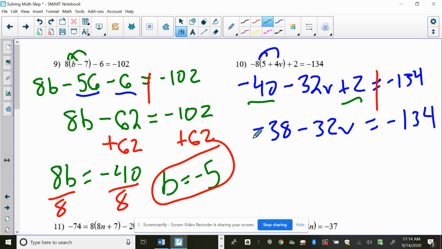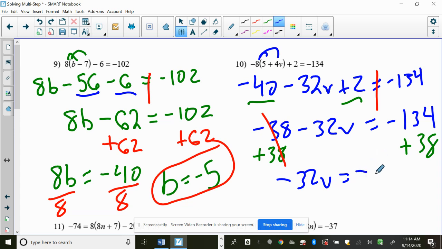Okay, so we would get rid of the negative 38 next. So you'd add 38 to both sides. Those cancel in front. So now we have negative 32v equals, we have negative 134 plus 38. So it's still negative. You can use a calculator to help out. 96.